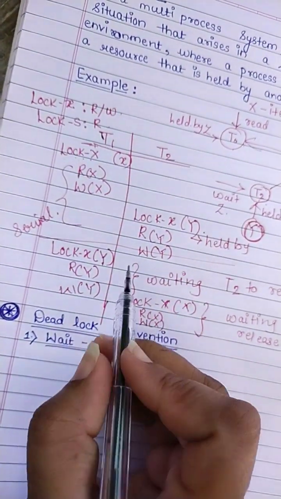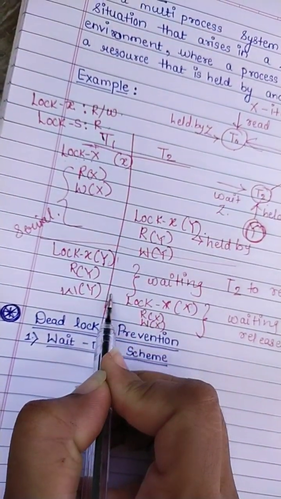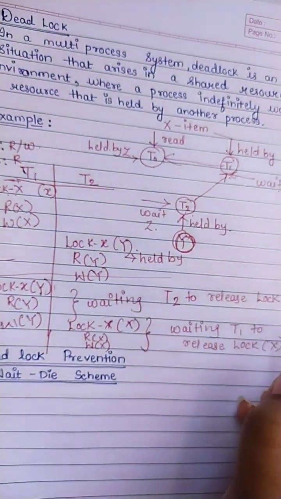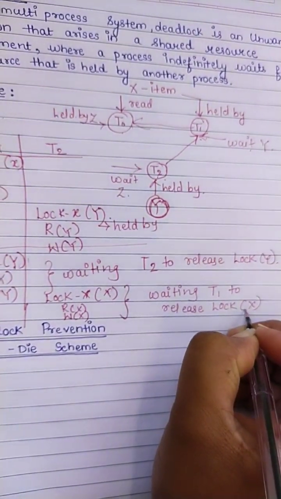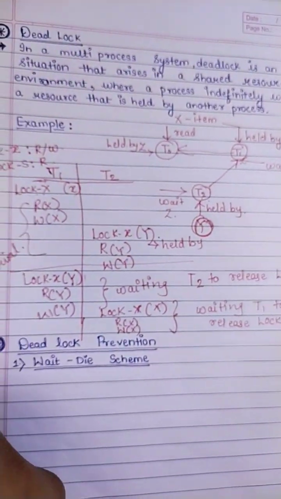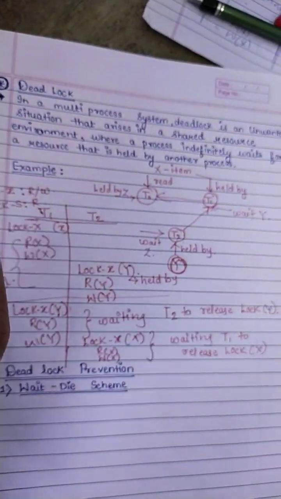Understood? T1 is waiting for T2 to release item Y, and T2 is waiting for item X.